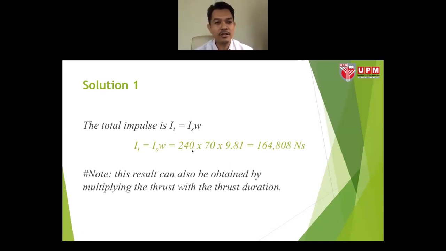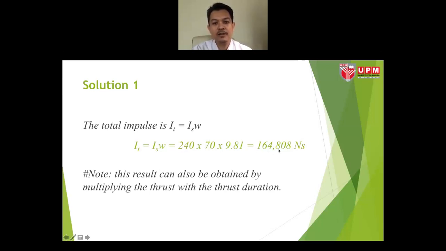The total impulse is 164,808 Newton second. You have the specific impulse of 240 seconds that was given earlier, and 70 is the propellant mass, times the gravitational acceleration.